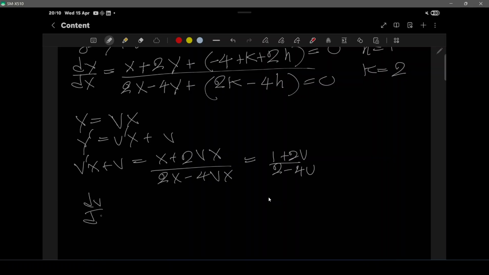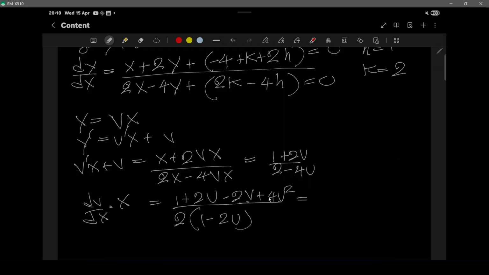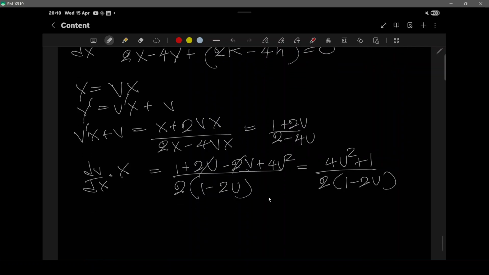So dv over dx times x is equal to 1 plus 2v over 2 minus 4v, minus v. If you put the common denominator, we have minus 2v plus 4v squared, and we have 4v squared plus 1 over 2 times 1 minus 2v.